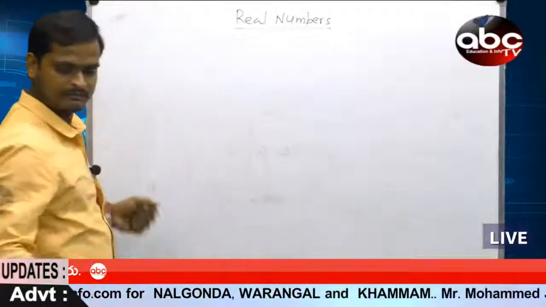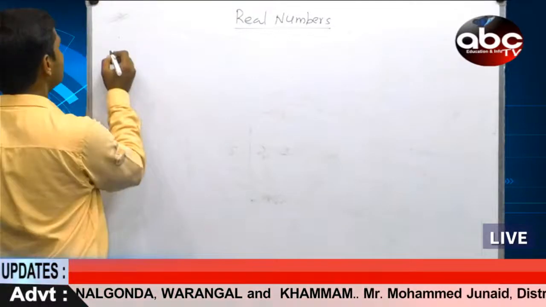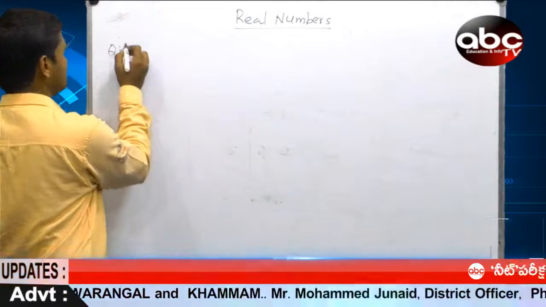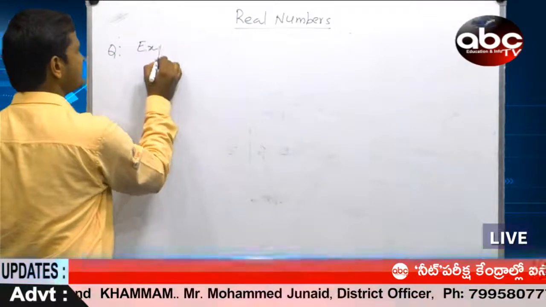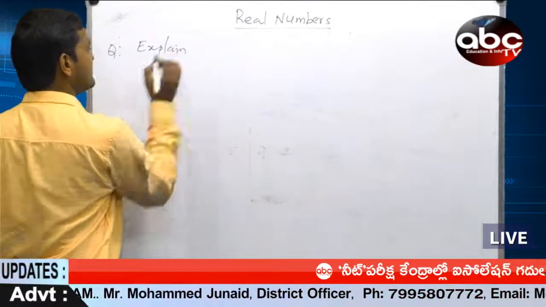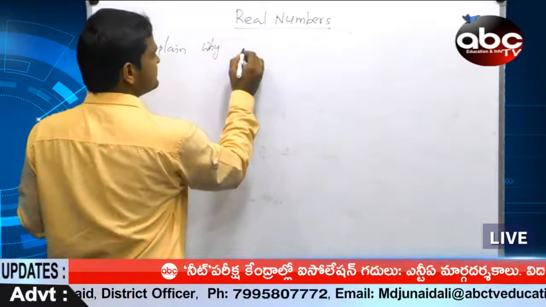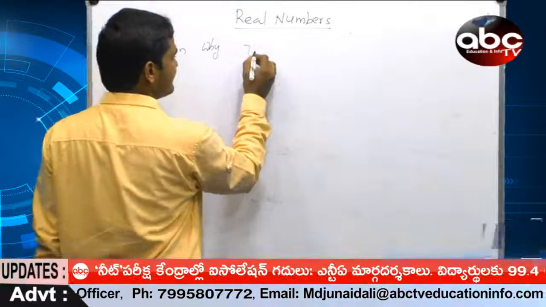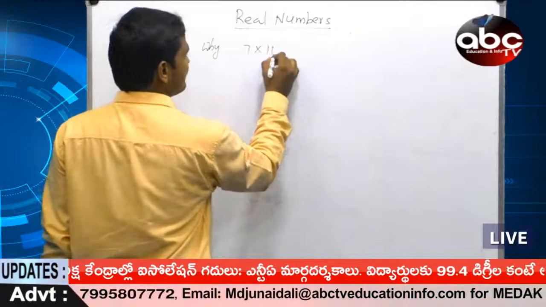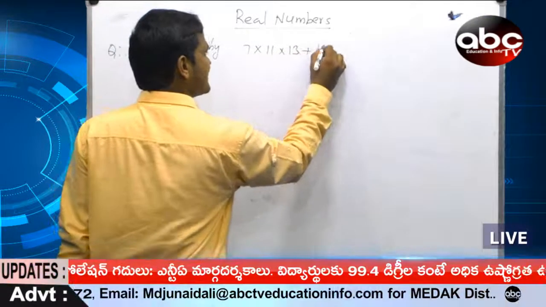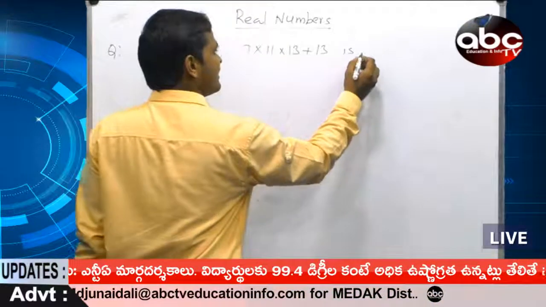Suppose: explain why 7 into 11 into 13 plus 13 is a composite.